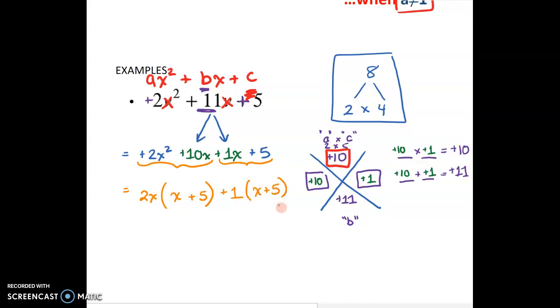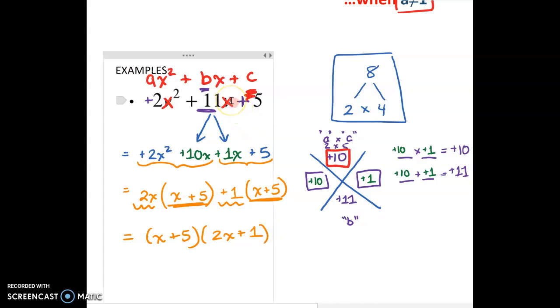Okay? And now, because if I did my factor by grouping correctly, I have that common bracket. And that means I can factor out that bracket and then take what's left over and put in the other bracket. And now I've factored this expression. So the two techniques you've been learning in the past 2 classes have been leading up to this big method, which is taking this larger trinomial and then, yes, we're converting it to a 4-term expression.